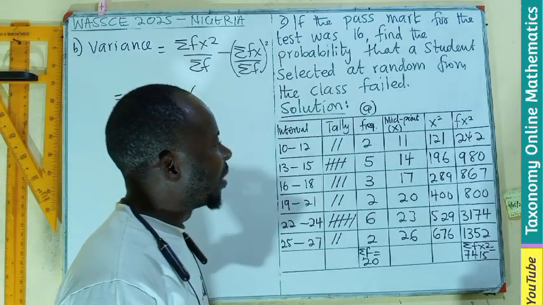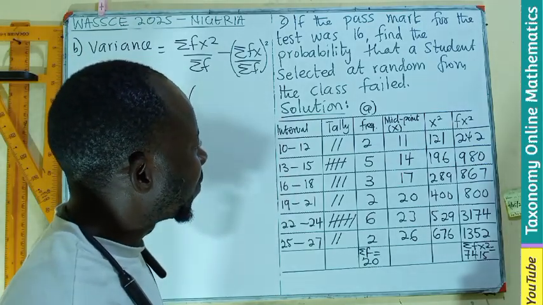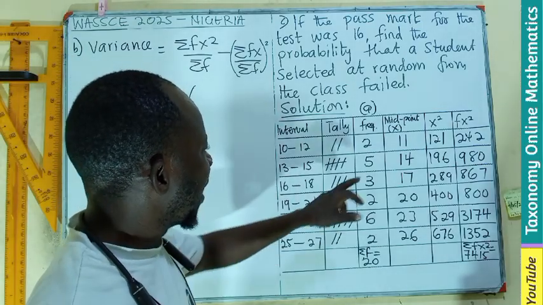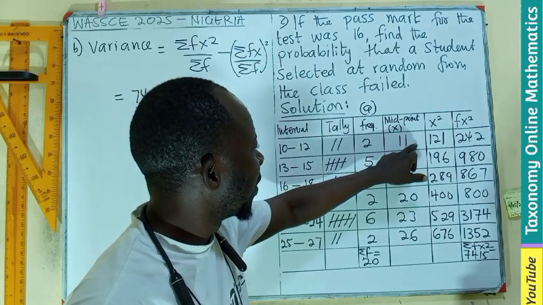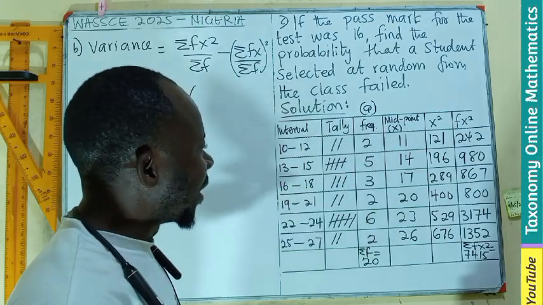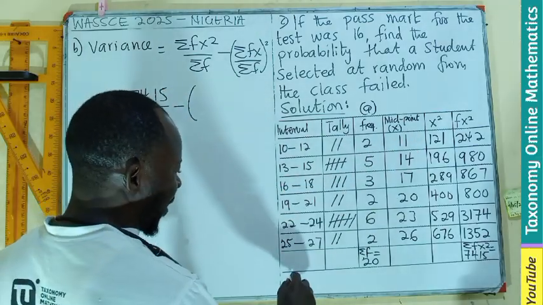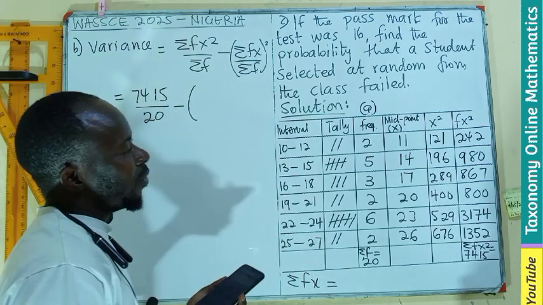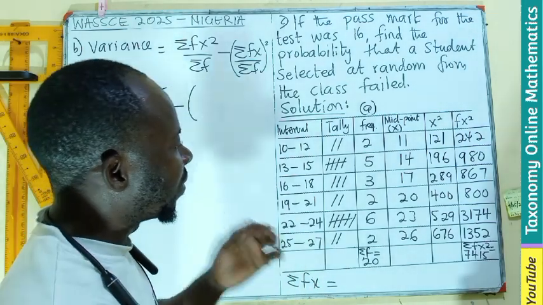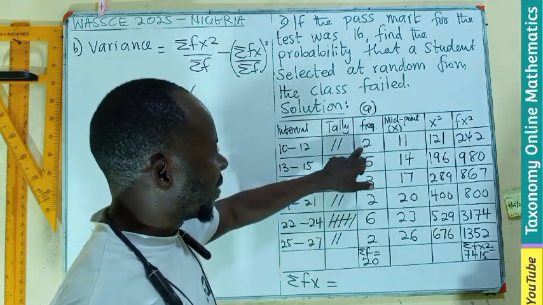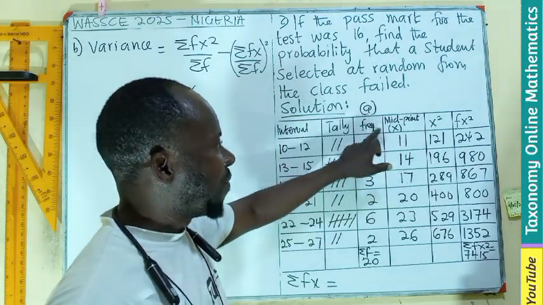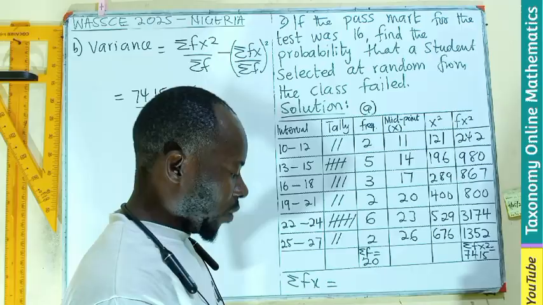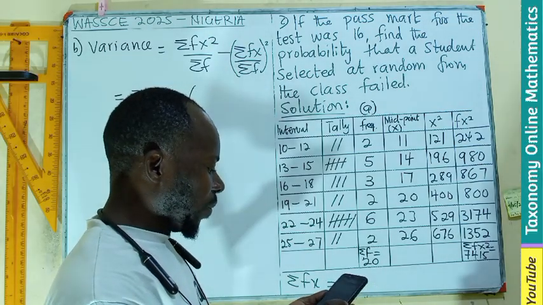I think we left out sigma fx. We need to create a column for that and find the sigma fx. I will not be able to get a space, so how do we get that? This times this gives you fx. So let's multiply.